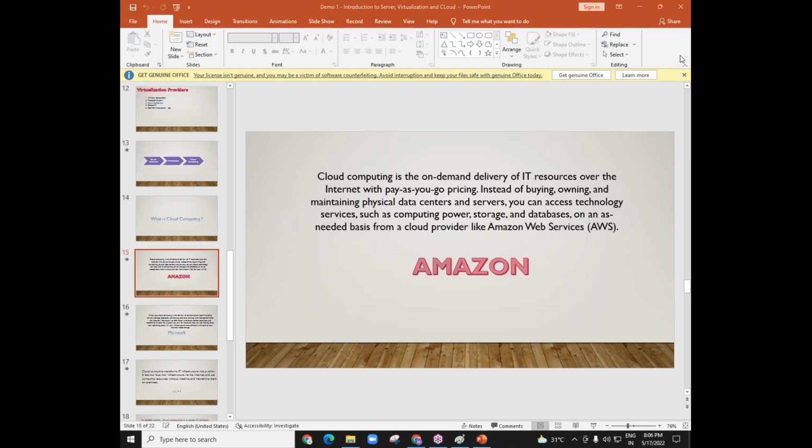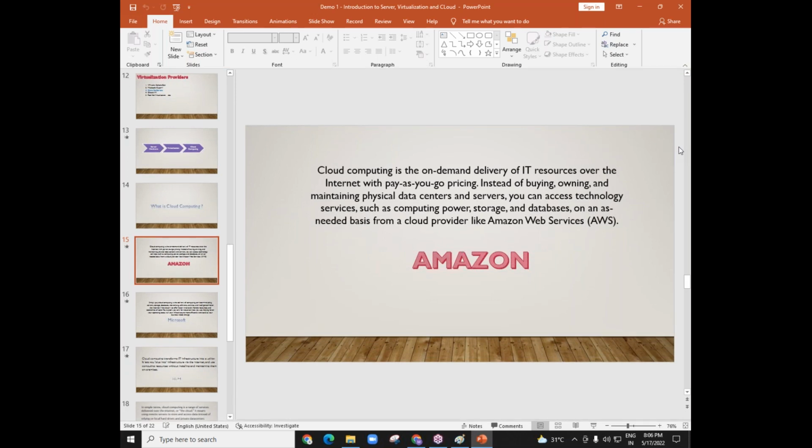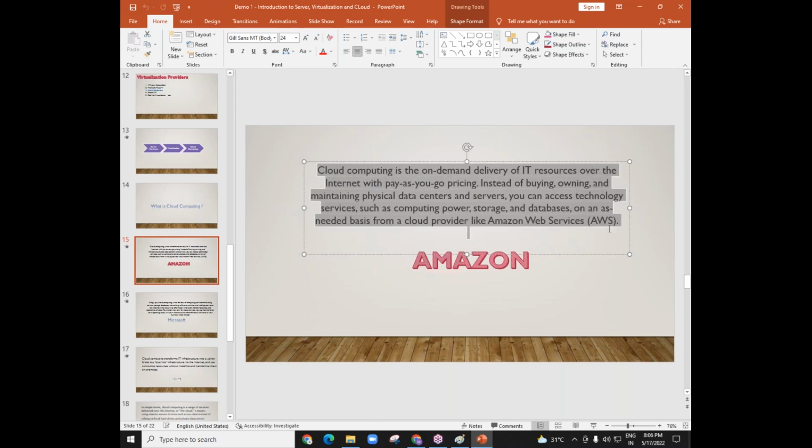Now, cloud computing. This is the concept you came here to learn, the main agenda for us. So what is cloud computing here? Let me read out the definition once again and let us see the basics of cloud computing. According to Amazon, cloud computing is on-demand delivery of IT resources over the internet with pay-as-you-go pricing.